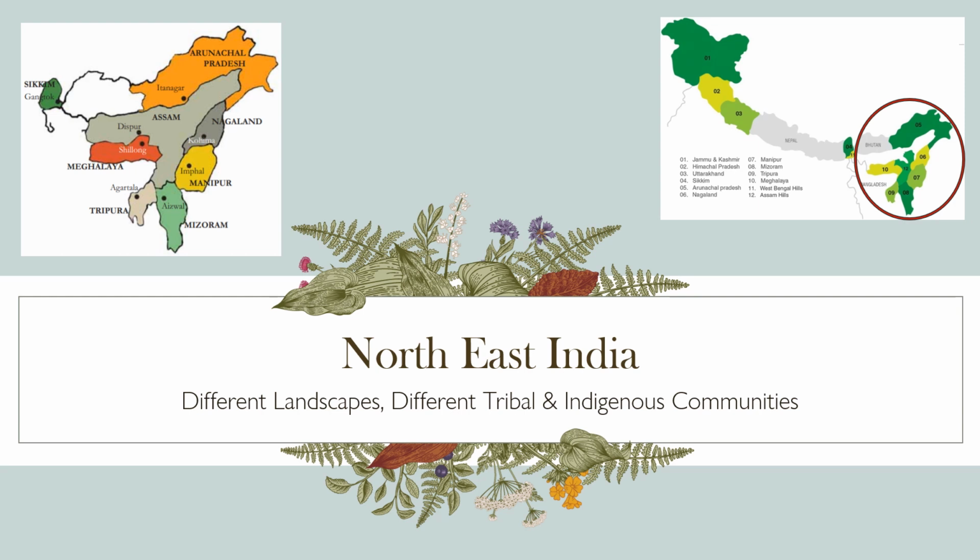So these are the states, and these are the lower part of the Himalayan range, because of which they are very rich in biodiversity, and there are different landscapes. Again, there are different tribal communities as well as different indigenous communities.